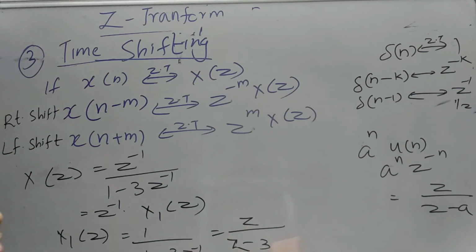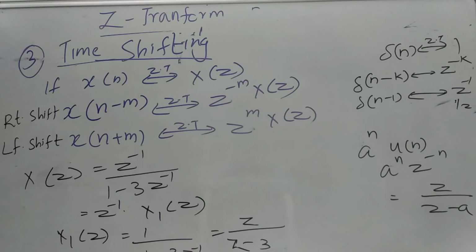This has the form z by z minus a, which is a raised to n u of n.